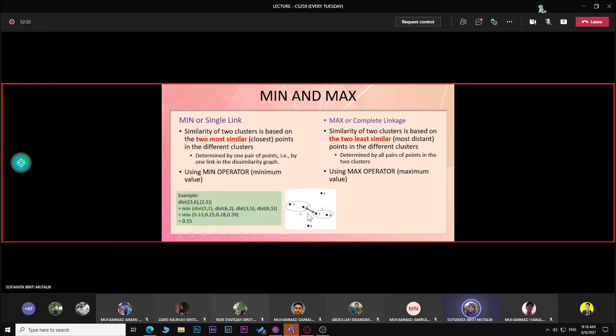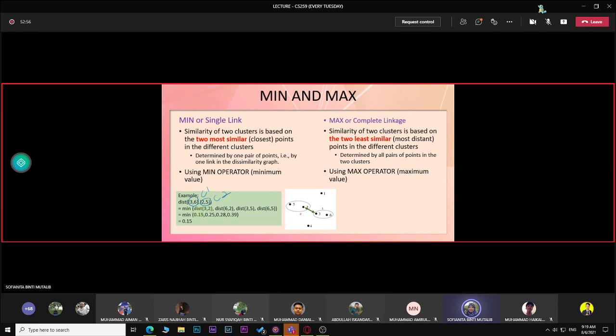This is between 3 and 6, and then so 3, 6 is actually cluster 1, and then 2, 5 is cluster 2. Okay, so how we want to get the distance between cluster 1 and cluster 2.